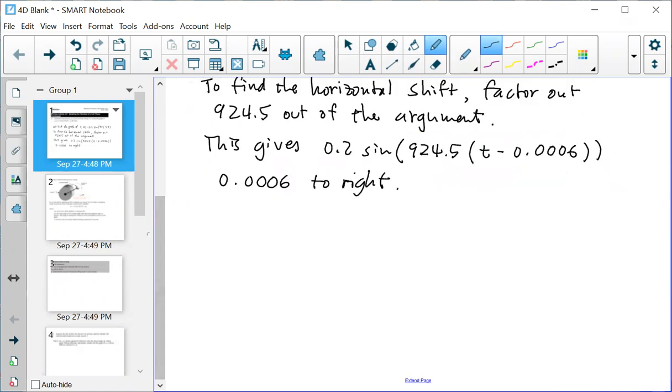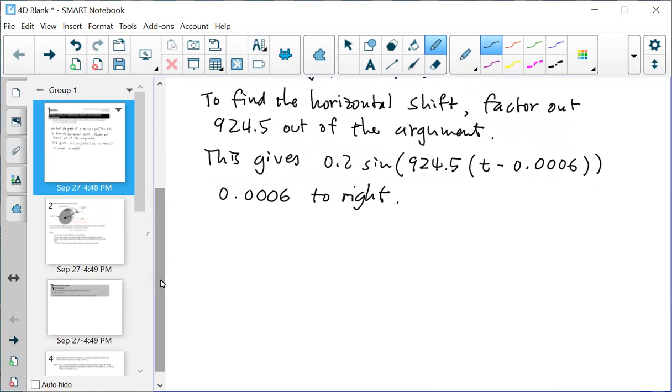Let's make some more room here. And then we're going to find what we call the quarter points, or where the graph crosses the horizontal axis.